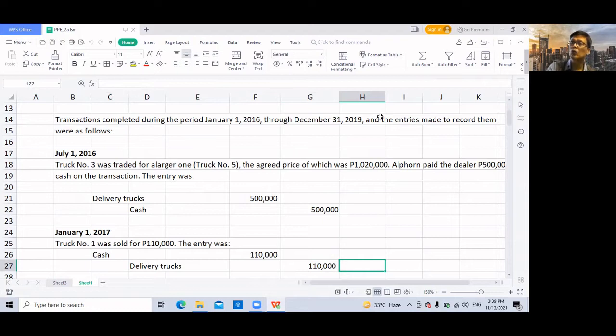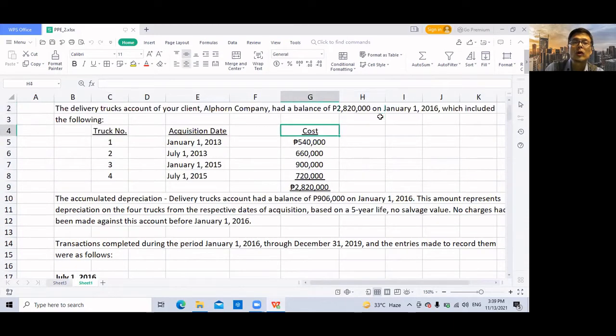So kailangan malaman natin yung carrying amount nung truck number 1, para baka mamaya may gain or loss yan sa sale na yan. Ang nakita lang natin dito, yung acquisition cost niya is 540,000. Now, ang tanong, yan pa ba yung halaga niya nung binenta siya ng 2017?